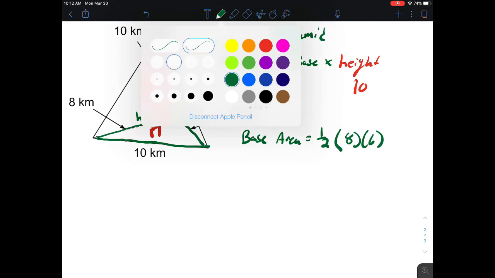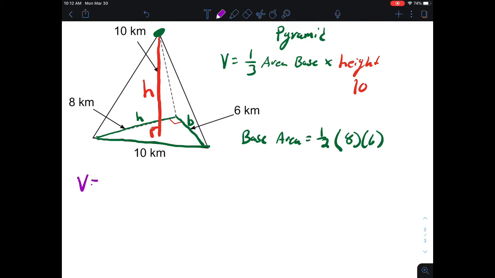And so my overall volume for this triangular pyramid is going to be 1/3 times the area of my base, so times 1/2 times 8 times 6 times the height. And so we'll get a volume for this problem of 80 kilometers cubed.